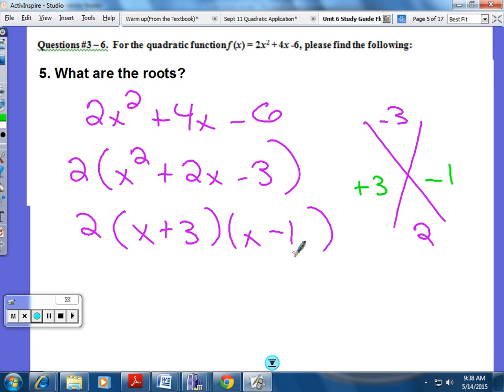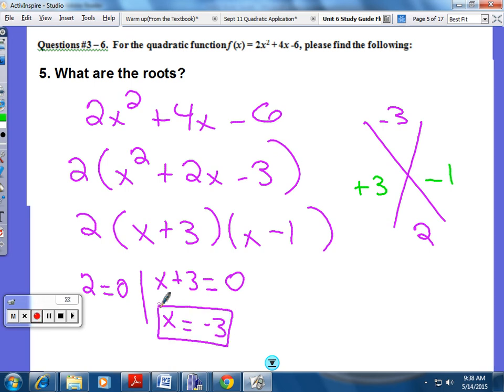Once we get to this point, we just set all three of these equal to 0 and solve. The opposite of +3 is -3, so you subtract 3 from both sides. The opposite of -1 is +1.